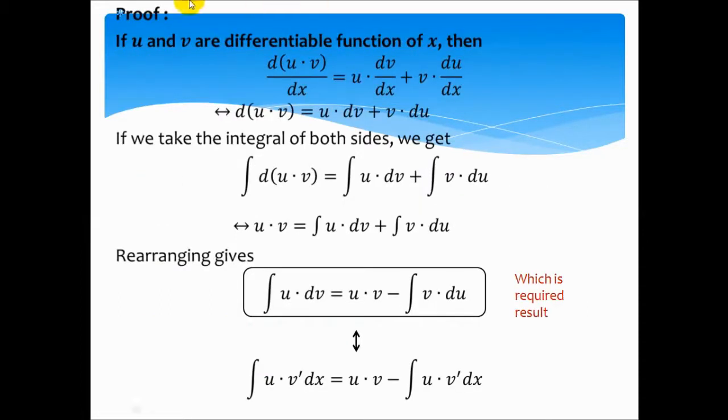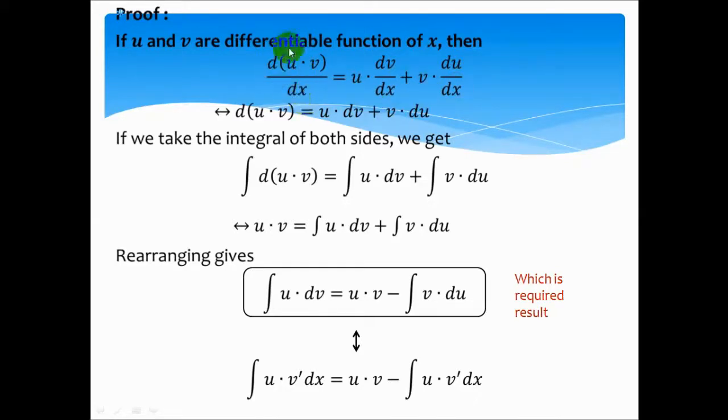Let's see this rule. If u and v are differentiable functions of x, then by using the product rule, we can get the derivative of u times v: u times dv over dx, plus v times du over dx, right?